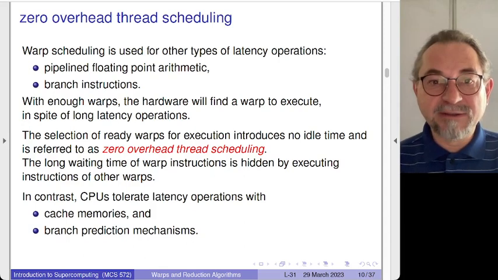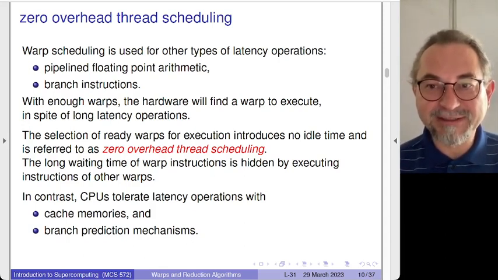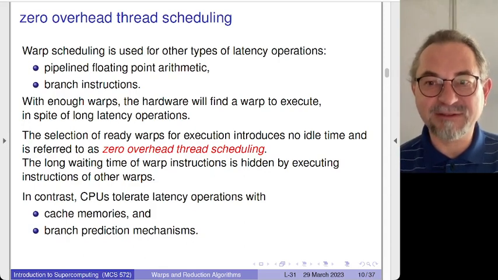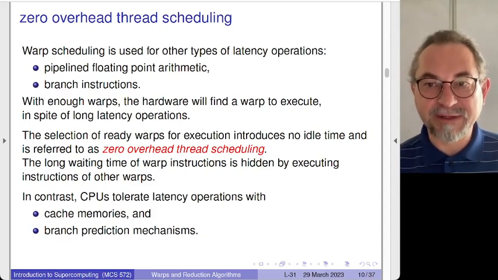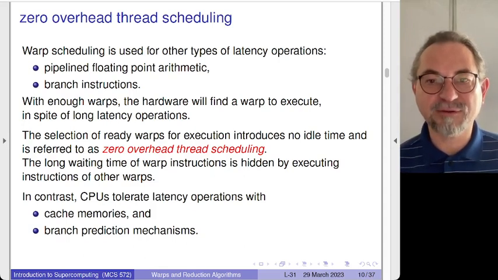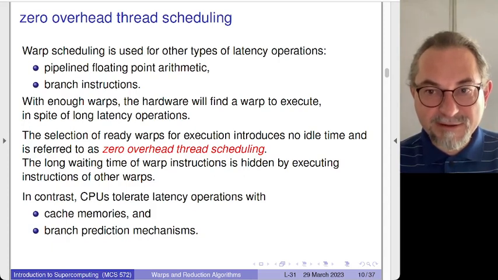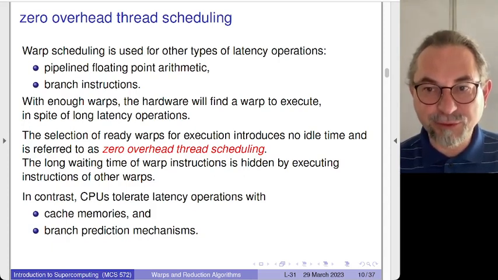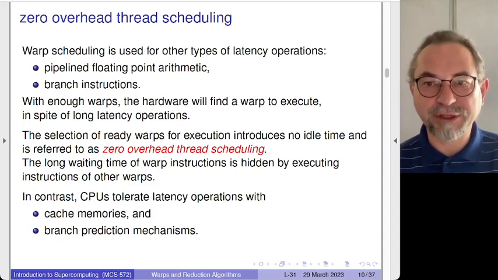Okay, so then we get to branch instructions. In an earlier lecture, we saw that even at the very highest level, if you have a for loop with if instructions in there, that may prevent an efficient execution. Even if you are not doing parallel computation, inside the computer we have the pipelining of a floating point operation.